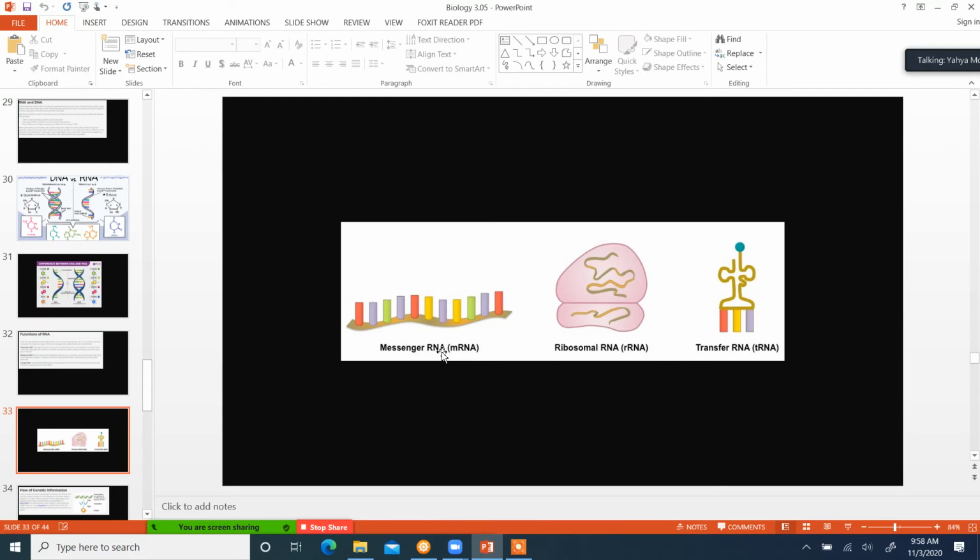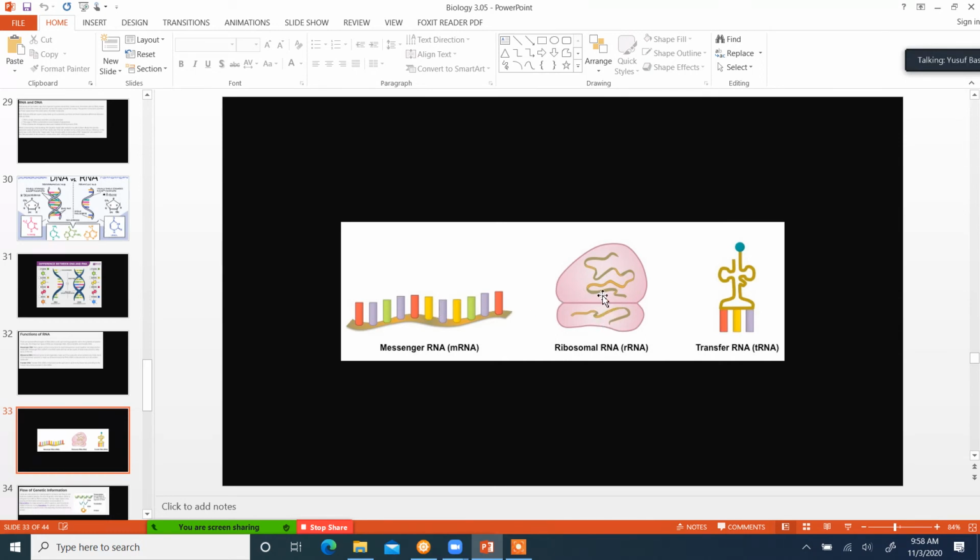Well, it sends a message through messenger RNA. The messenger RNA is basically copied, a certain portion is copied from the DNA, and then it floats outside. It can go do certain other kinds of things to make proteins. So messenger RNA is copied inside of the nucleus, then goes outside in order to make proteins.